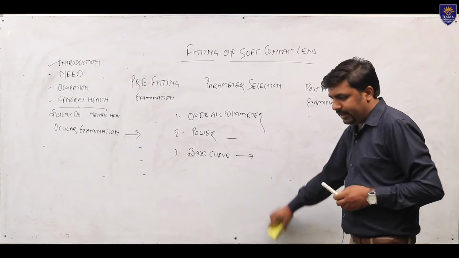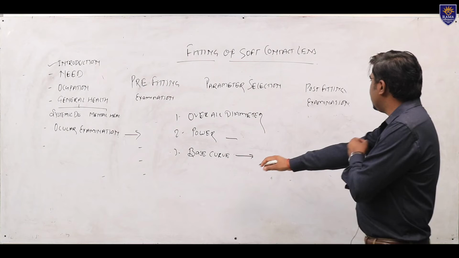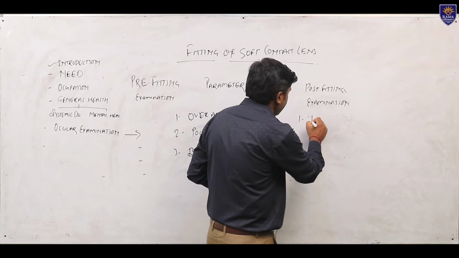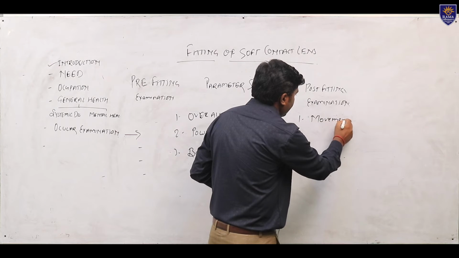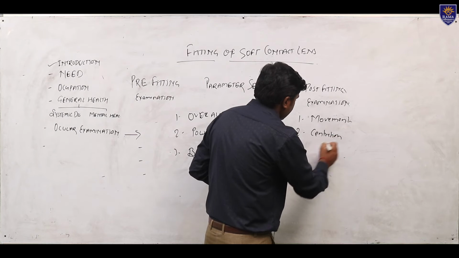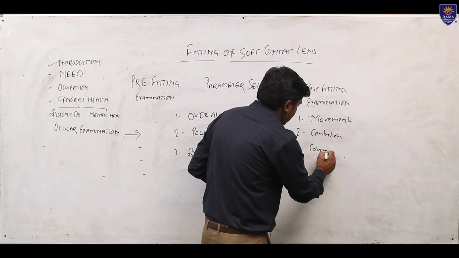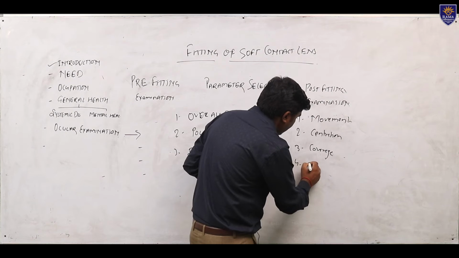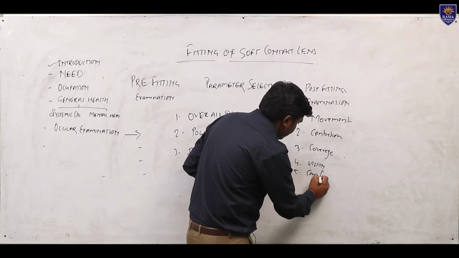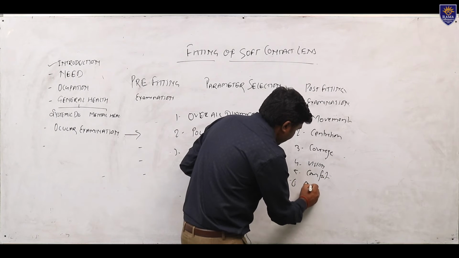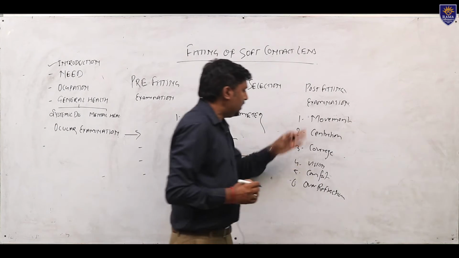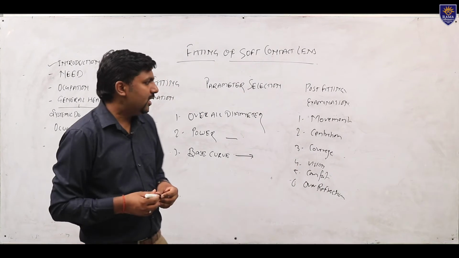On the slit lamp, first we'll check movement, second, centration, third, coverage, fourth, vision, fifth, comfort, and sixth, over refraction. So, these are things we will cover in a post fitting examination.